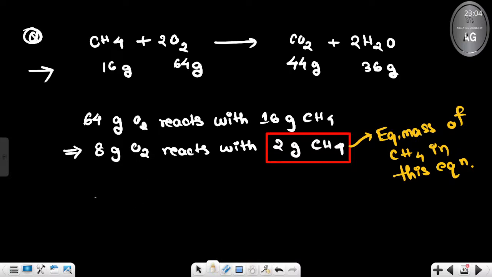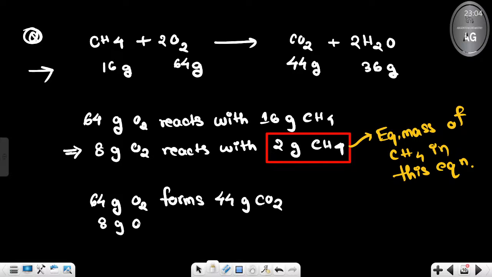So let us see. 64 gram O2 forms 44 gram CO2, right? So 8 gram O2 will form 44 by 8 gram CO2.